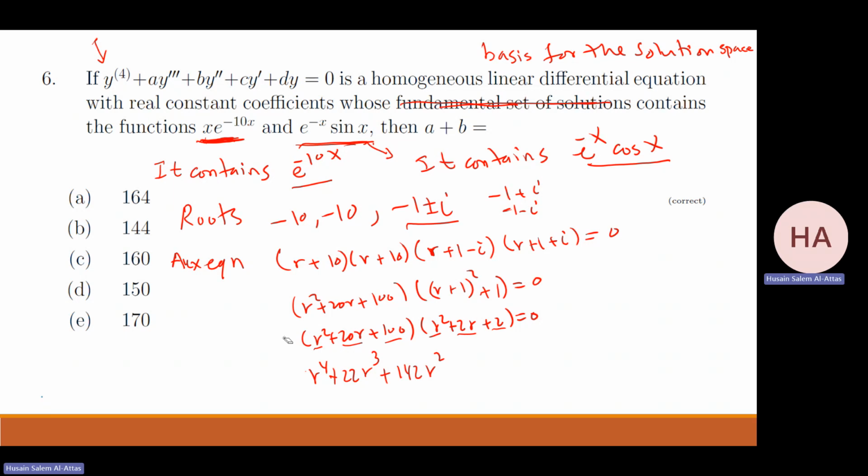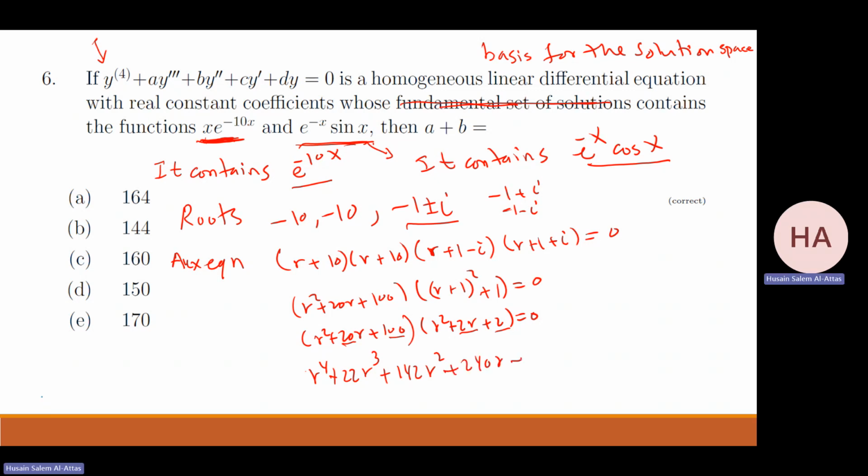Okay. What will give me r? This is 2r. This is r squared. What will give me r? 20r times 2 and 100 times 2r. That will be 40 plus 200, plus 240r.